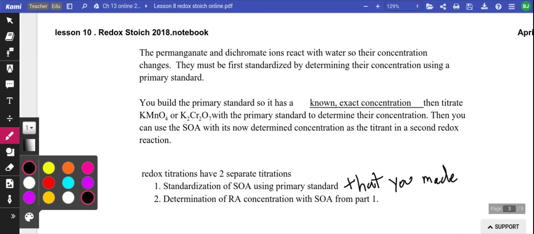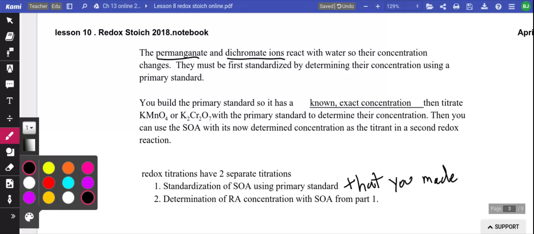Some more theory for you. So redox titrations, what makes them a little harder than acid-base is there's two separate sets of titrations. The reason for this is when you start with your acidified permanganate or acidified dichromate, they're such strong oxidizing agents that they will even spontaneously react with water.